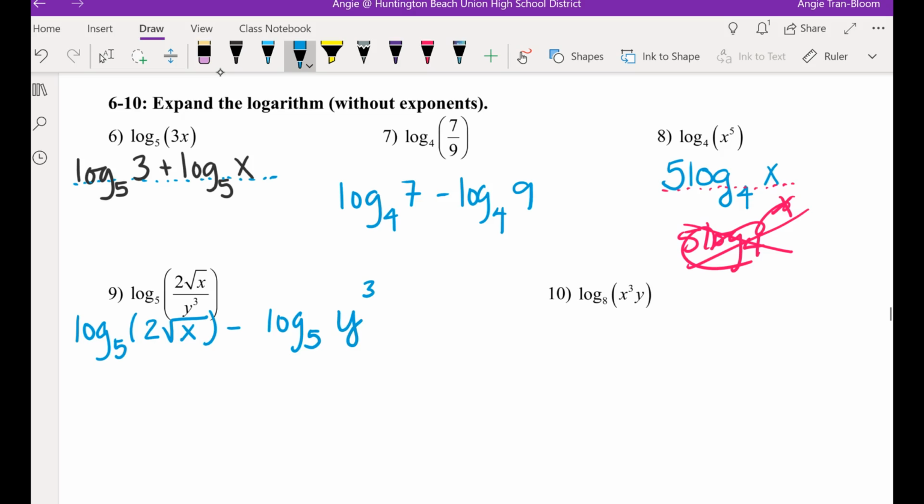We have to expand a couple more times. What do we do now? Put the exponents as a multiplication, so it becomes minus 3 times log base 5 of y. But what do you do with the left side?